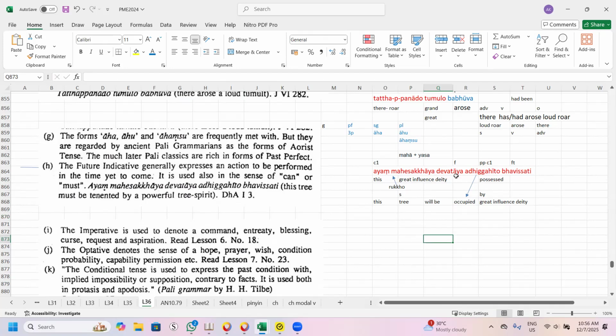In this case, we will take this as instrumental: the tree will be occupied by a great influence deity. That is how you do your translation. So a lot of English words you can change. You see the word I use and against this, I think I prefer to use this. Get what I mean?